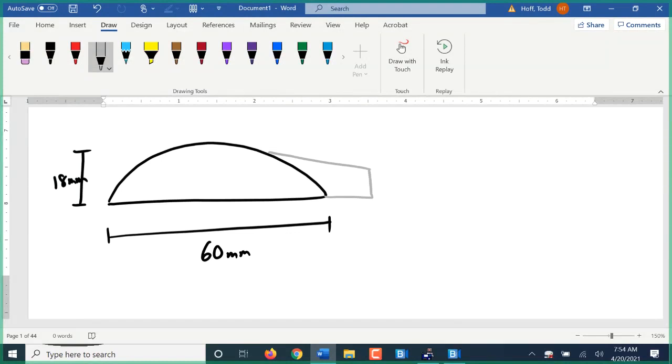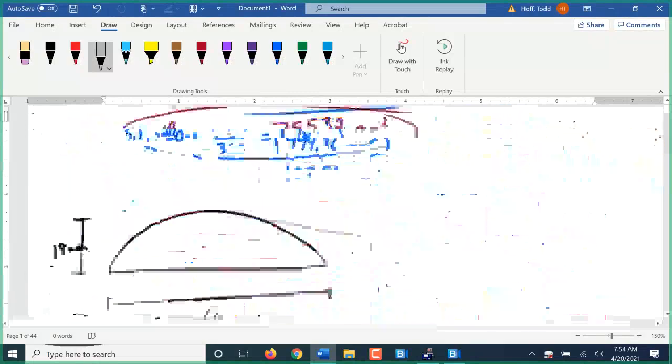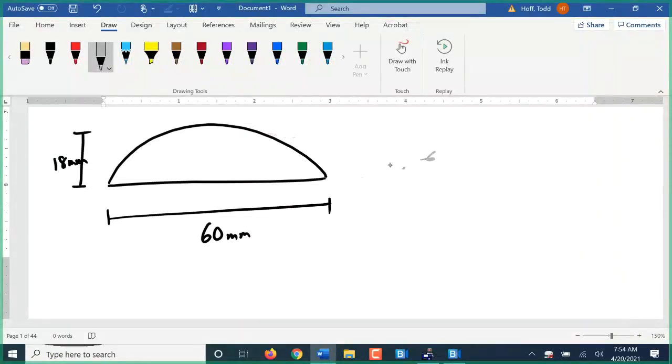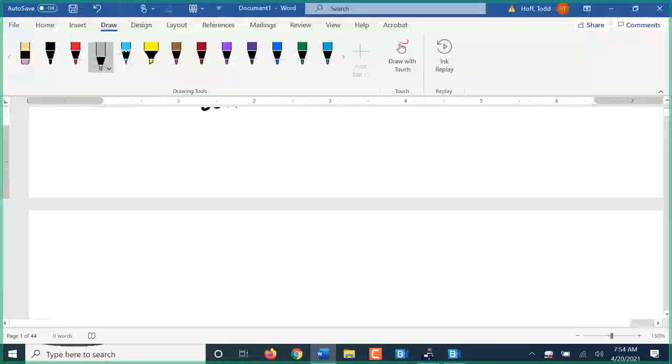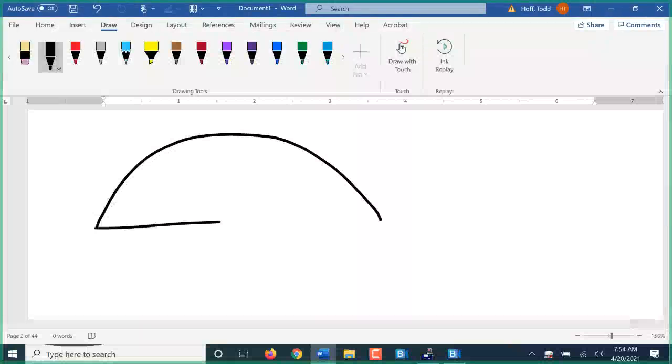Now, that doesn't mean we can't find the area of it. It means we can't find the area of it the way it's drawn. We would have to change it into a problem that we know how to find the area of. So let's look at a drawing like that here. I'm going to call this 60 millimeters here.